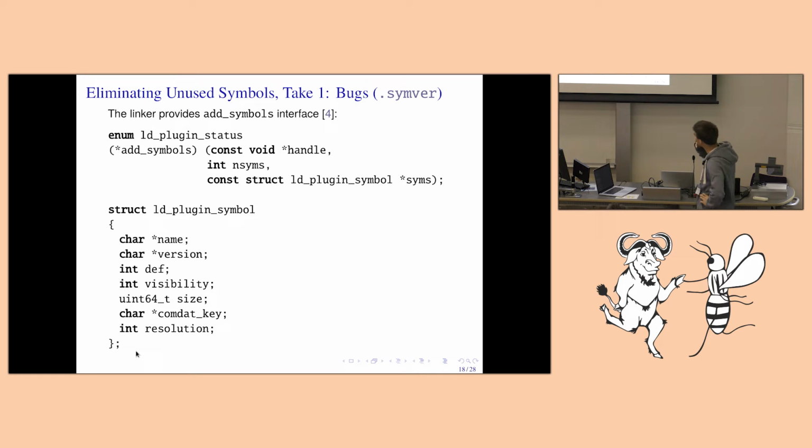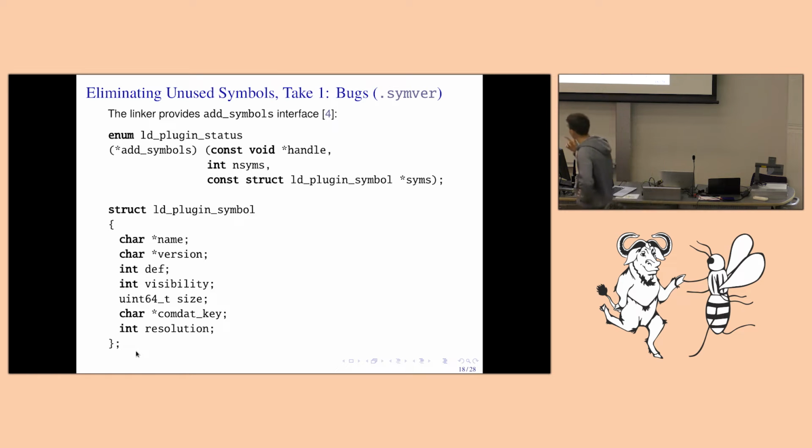Here, add_symbols is a callback that linkers provide to the plugins. The plugin has to tell which symbols are in the file it sees.